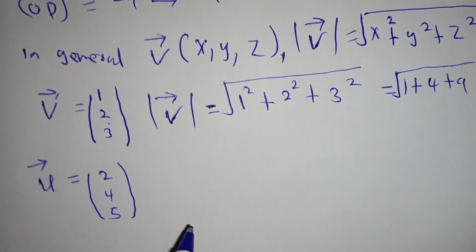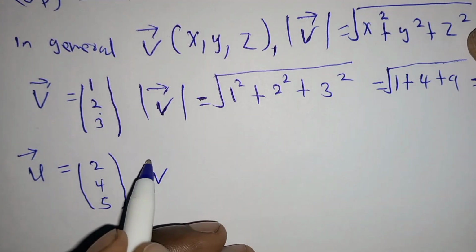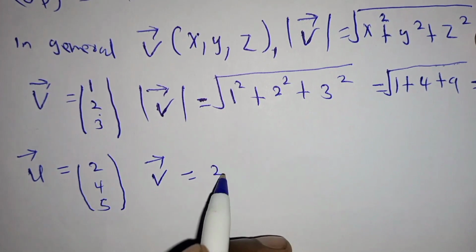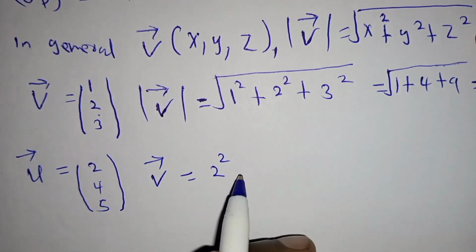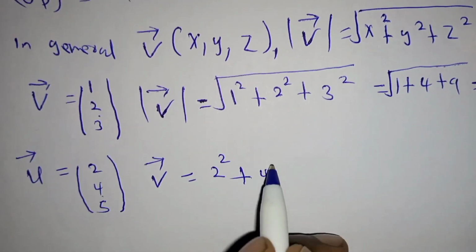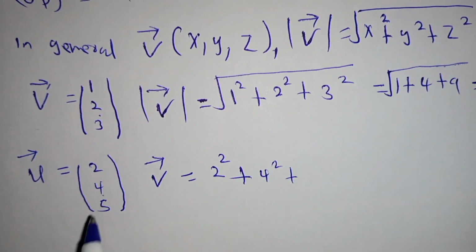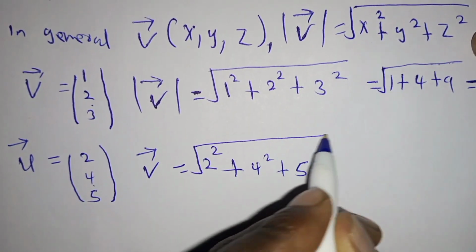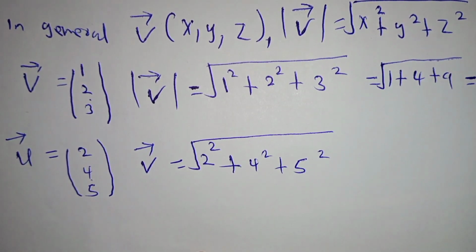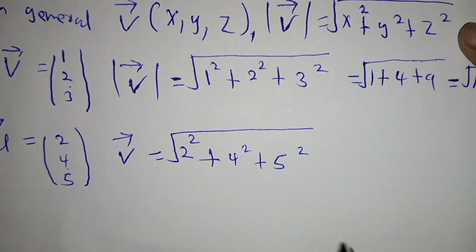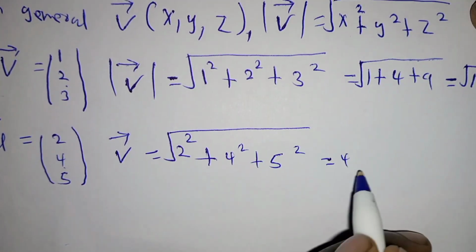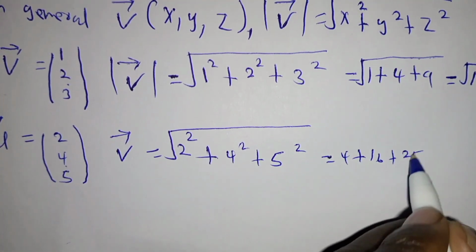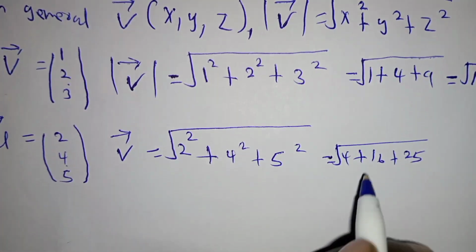The modulus of this vector v is given by 2 squared, which is the component along the x-axis, plus 4 squared, which is the component along the y-axis, plus 5 squared, which is the component along the z-axis, and then you get the square root. So 2 squared will give you 4, 4 squared will give you 16, plus 5 squared, which will give you 25. Then you get the square root.